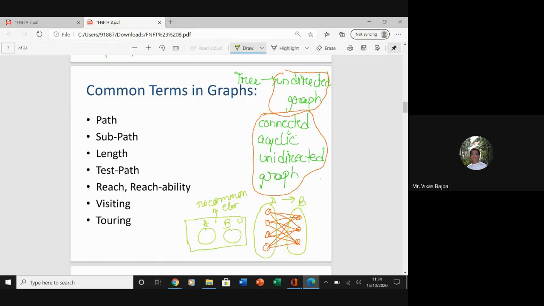So we moved from a graph to bipartite and then to disjoint sets. Let's come back to our discussion of cyclomatic complexity.